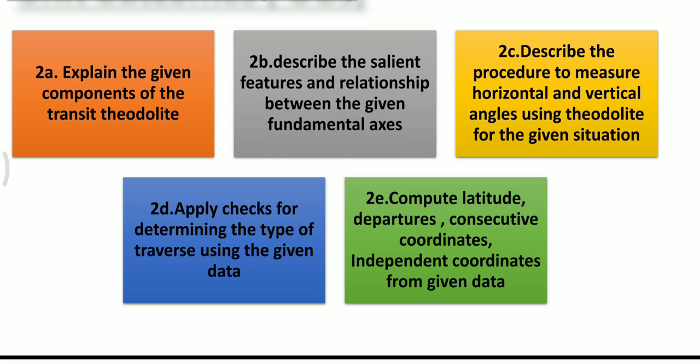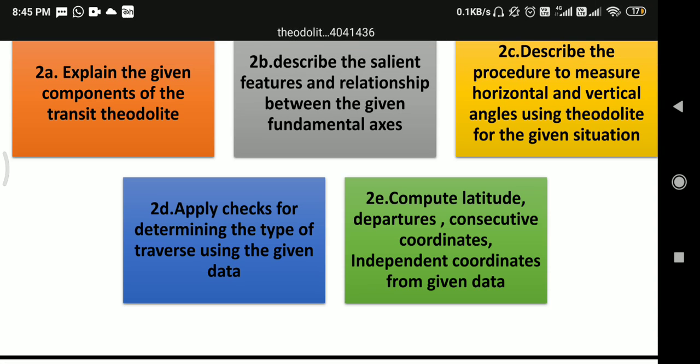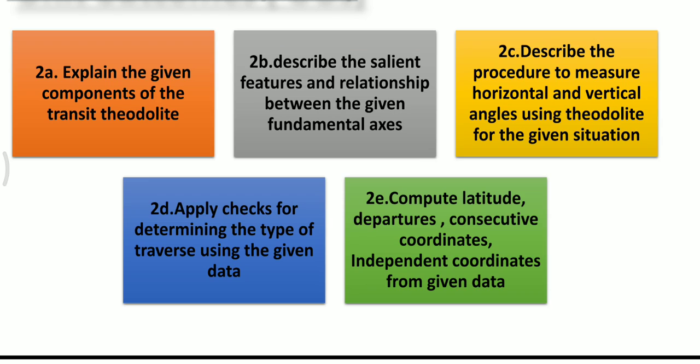Next, compute latitude, departure, consecutive coordinate, and independent coordinate from given data. As we know, in plane table survey we plot the traverse while measurements are done simultaneously on the ground. But in theodolite surveying, first we take the measurements on the site or field, and after that the plotting procedure is done in the laboratory.